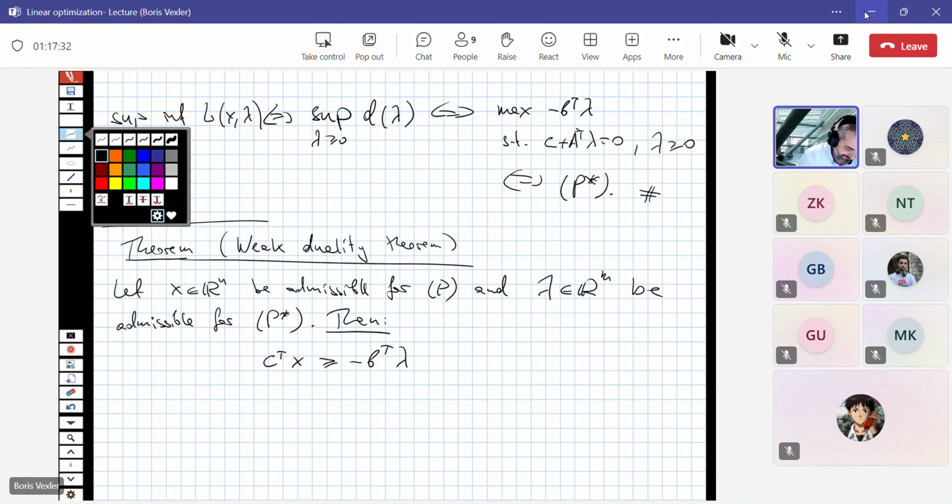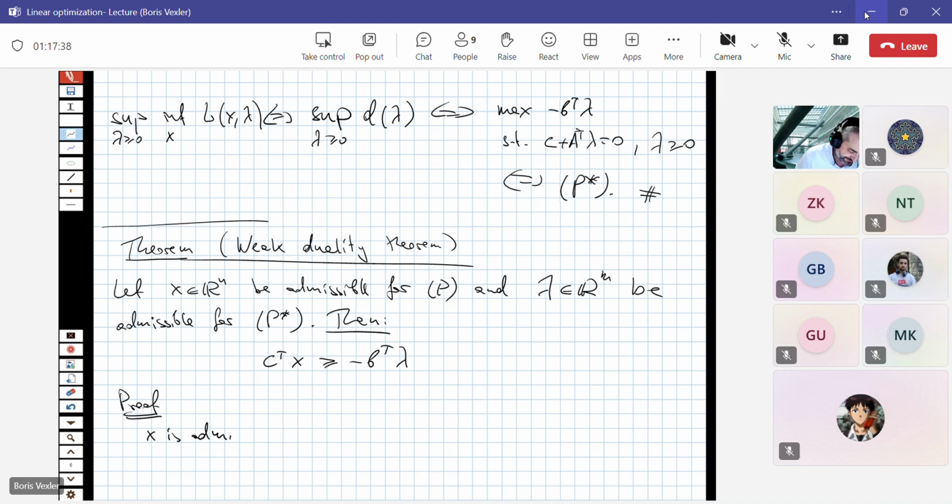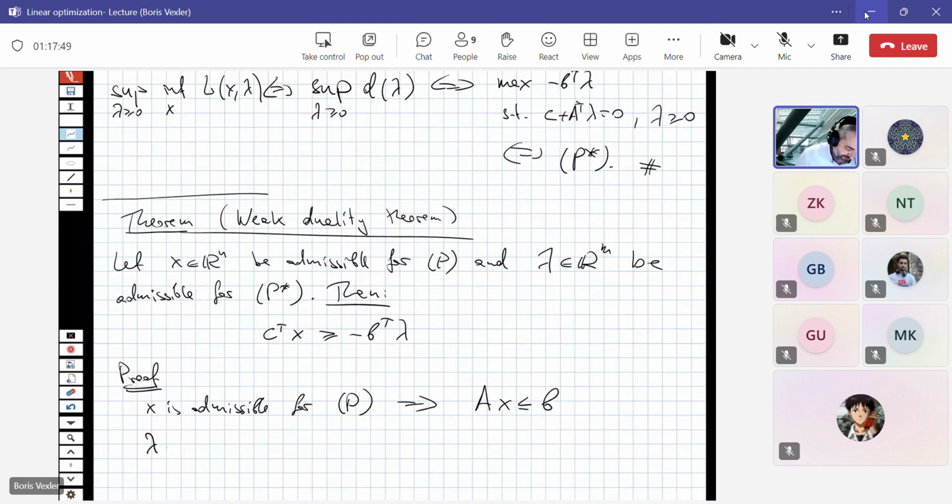Let us prove this. What does it mean? We said x is admissible for P. It means that it fulfills the inequality constraints. What does it mean that lambda is admissible for P star?